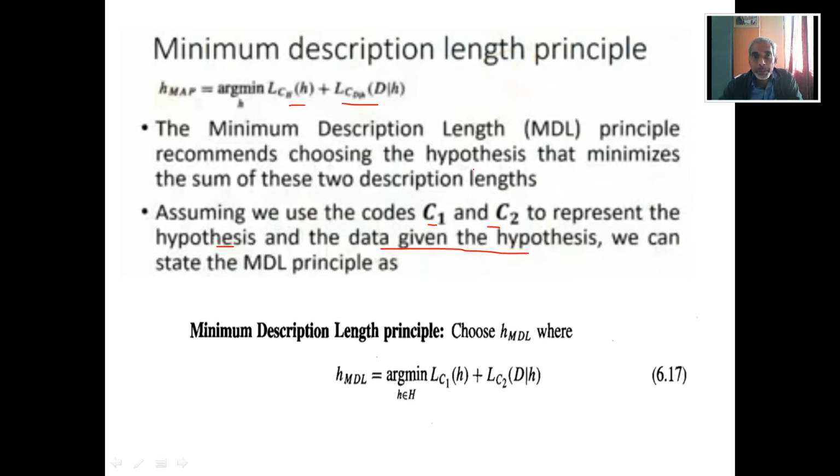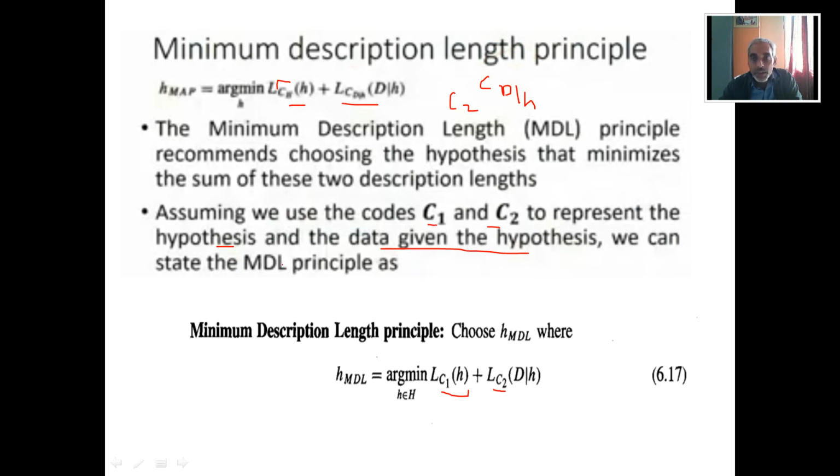If you represent the hypothesis with C1, see here, this term C of H, then this can be written as L of C1. And if you use C2 to represent the data, that means C of D given H, we can represent it as C2. So in place of that we are going to use L of C2.